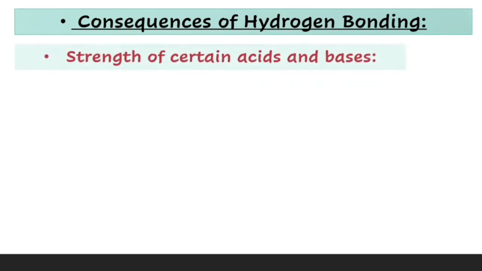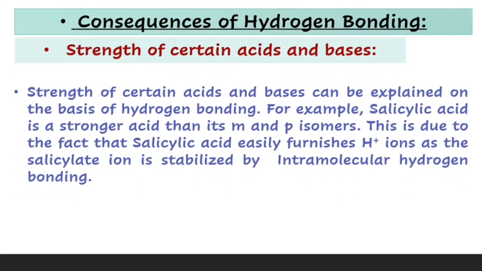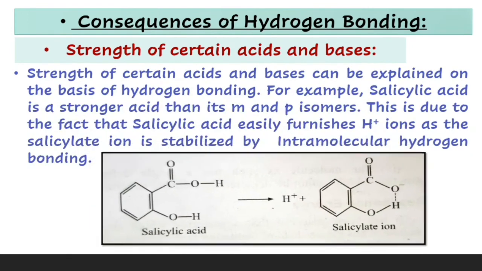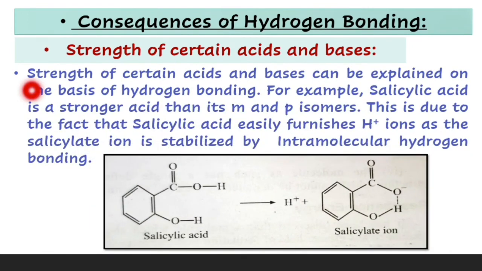The last one is the strength of certain acids and bases. Here we take the example of salicylic acid. The strength of certain acids and bases can be explained on the basis of hydrogen bonding. Salicylic acid is a stronger acid than its meta and para isomers. So if we consider ortho salicylic acid, it is stronger as compared to its meta and para isomers. Why is this so?